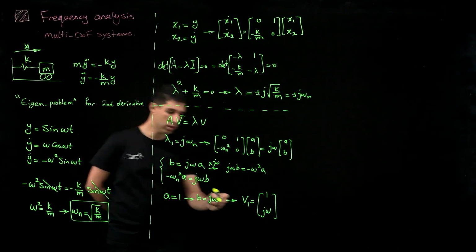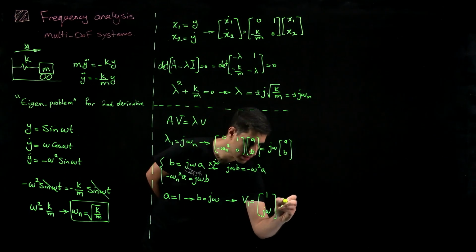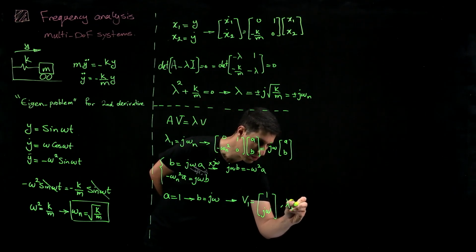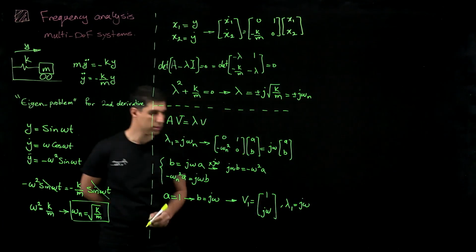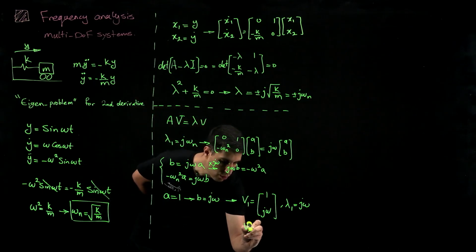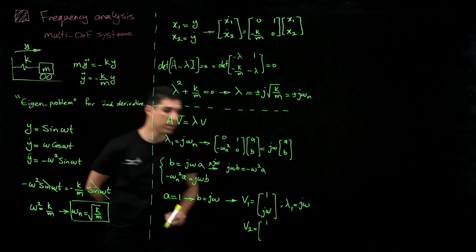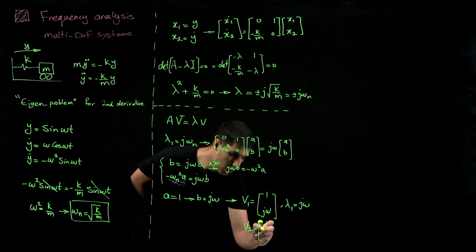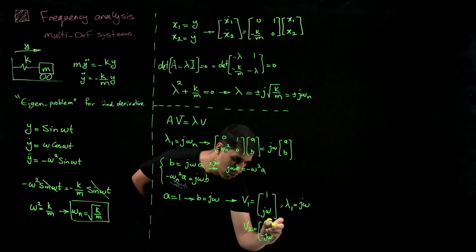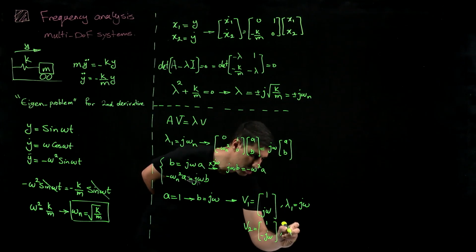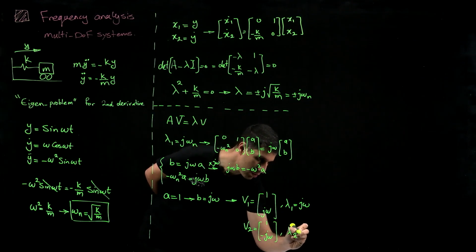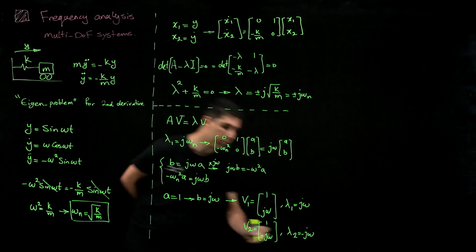This one is accompanied by lambda 1 equals j omega. The second one, v2, what is it going to be? It's going to be the complex conjugate of that. So 1 and minus j omega here, for the complex conjugate, lambda 2 equals minus j omega.